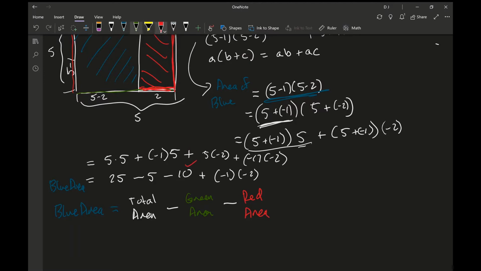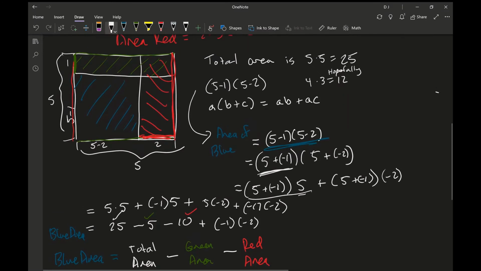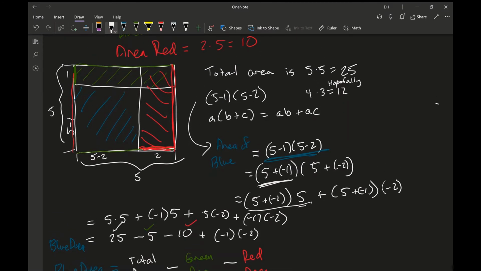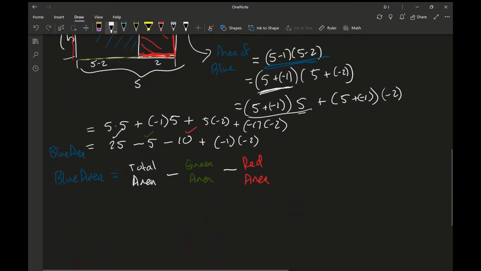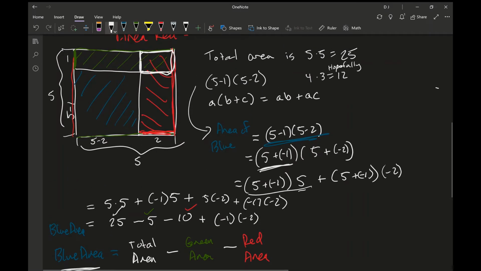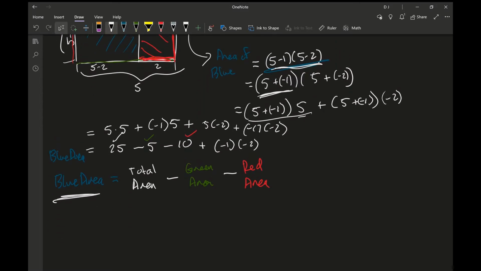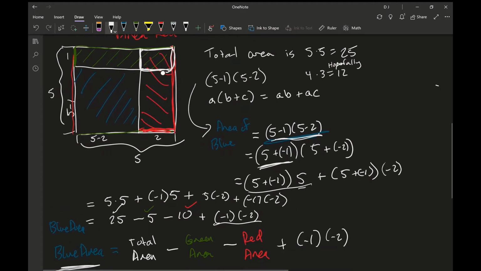But then what have we done after we subtracted the green and the red area? We've subtracted this area twice. So we have to add this back in order to make sure that the blue area is indeed this number right here. So that's where this component comes in, plus minus 1 times minus 2. And in order for that to happen, this has to be 2.